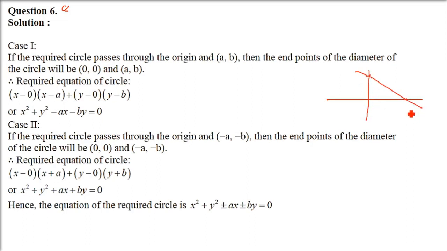So I'm taking it on one side, that is positive x-axis and positive y-axis. This will be (a, 0) and this will be (0, b). So these are the endpoints of the diameter. You can take this as x1, y1 or this as x2, y2, you can just exchange it also. Same equation is going to come.